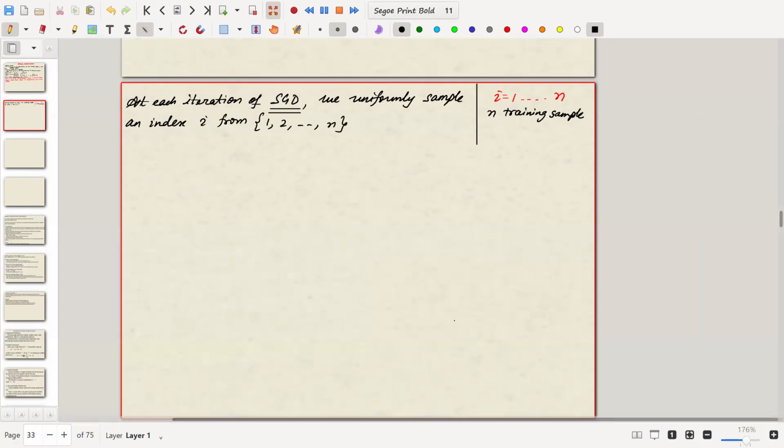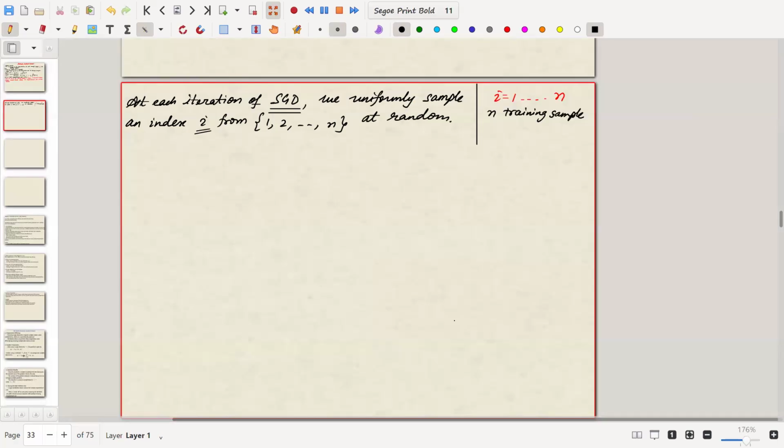The numbers here each represent a training data set sample. So out of this, we select a particular index i at random for each iteration.